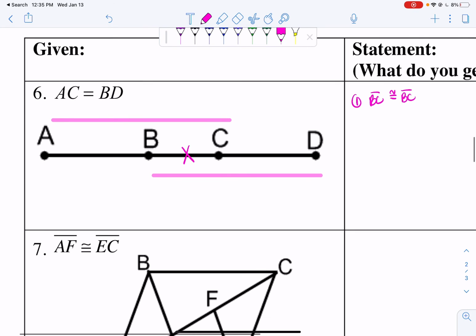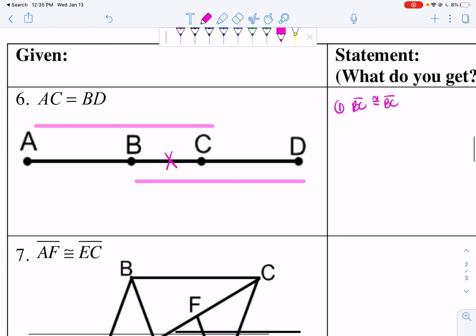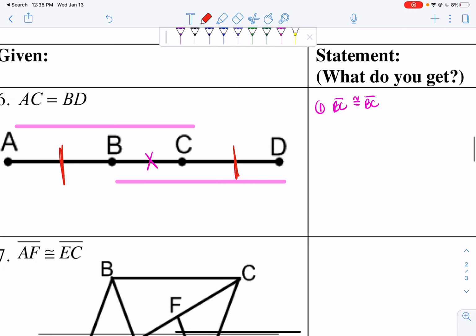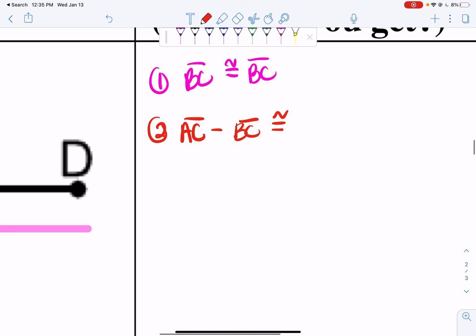Now, I have a part and a part. So I can break apart AC to be AB. Well, I can do AC minus BC to get my AB, because I can show that this segment and this segment are congruent to each other. So I'm going to do AC minus BC, and that's congruent to AB.